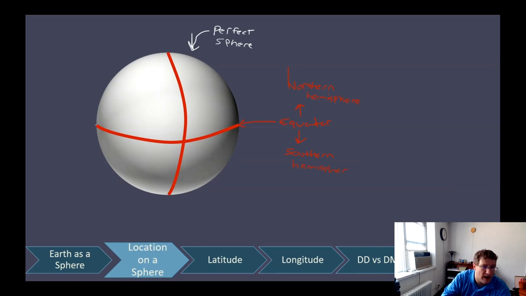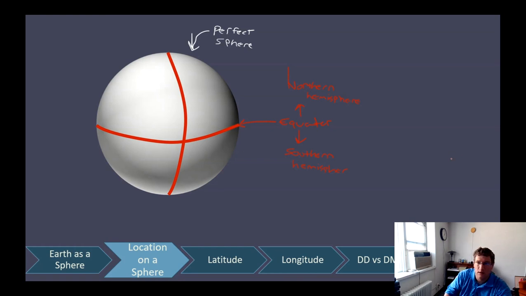So with one dividing line cutting the Earth in half, we're able to determine whether you're north of the equator in the northern half, or south of the equator in the southern half. So we've already narrowed the position down by half.